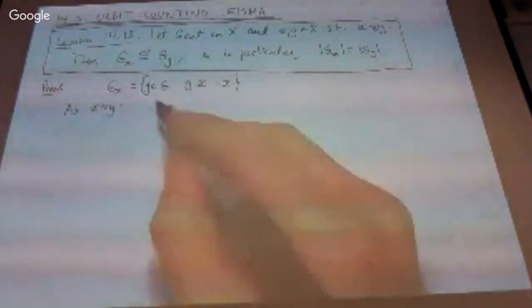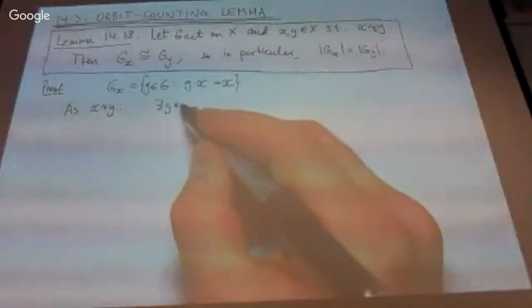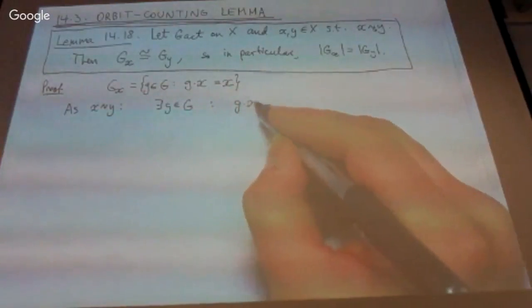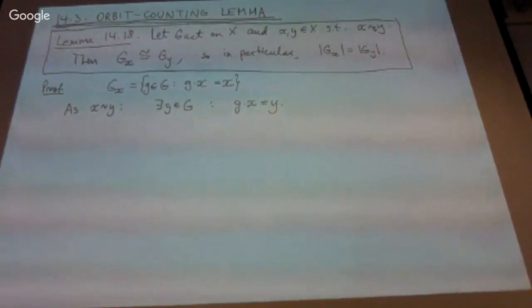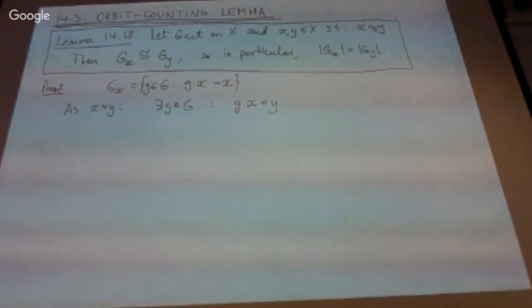It means that there exists some element of G which moves X to Y. Definition of being in the same orbit. G equivalent. Now I've dropped the G's as subscripts.